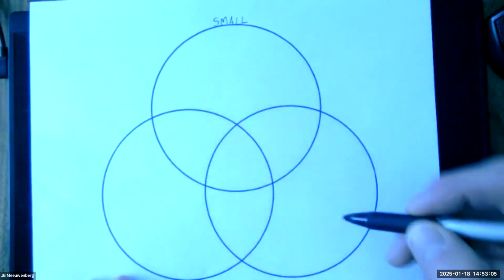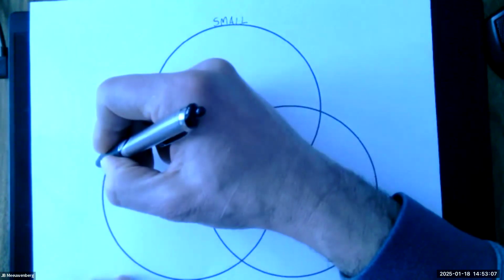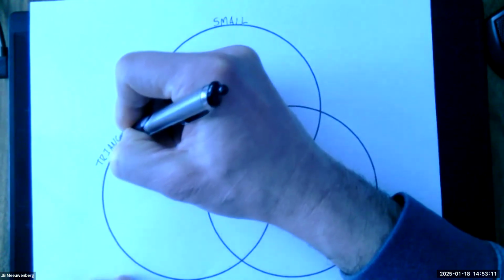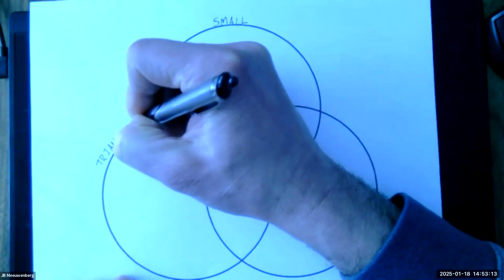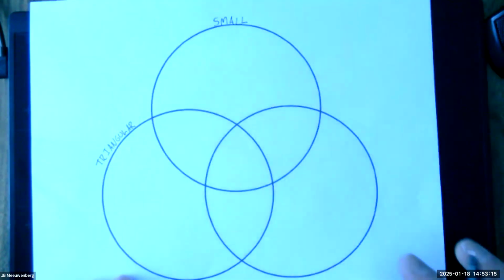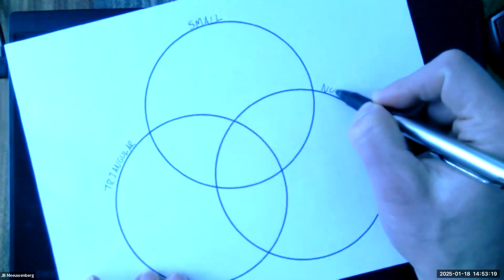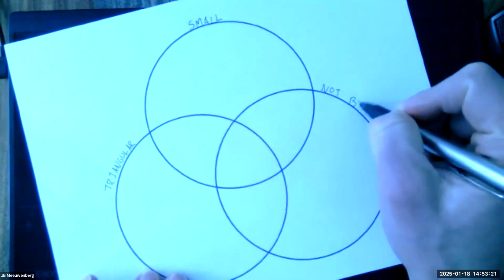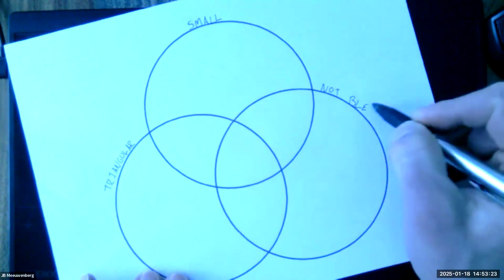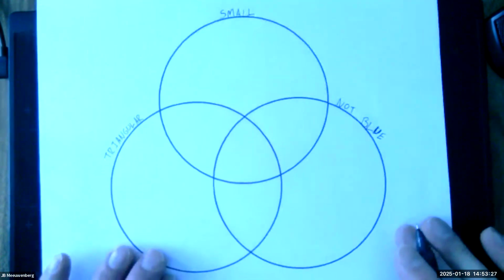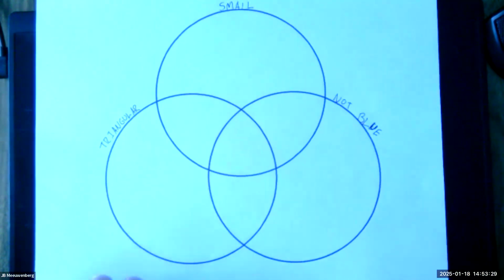The one over here on the left, I'm going to make this triangular pieces. So triangular pieces are going to go right there. And then this one on the right, this is going to be not blue. Any pieces that are not blue are going to go in that circle on the right.